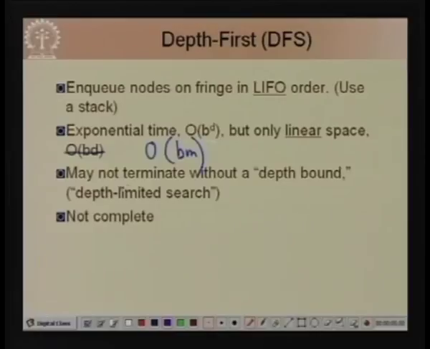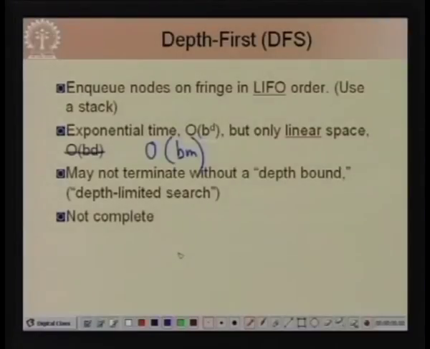Depth first search may not terminate if the search tree is infinite. However, if it does terminate, the time taken is equal to the size of the search tree, if the search tree is finite, at the worst case, and the space taken is order of depth of the search tree.